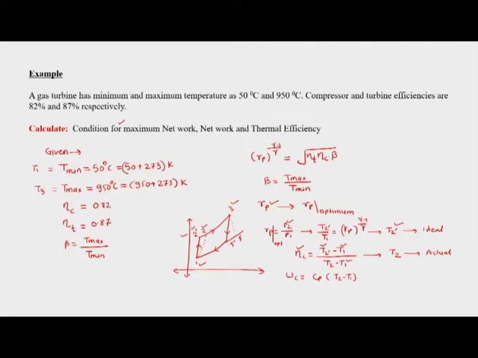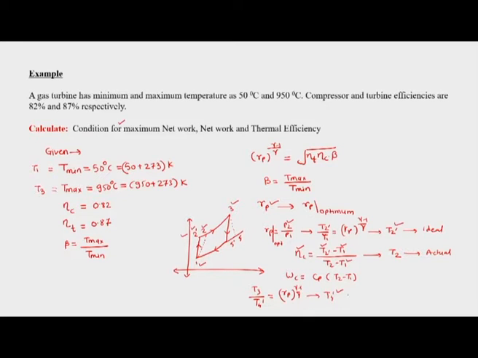So, to know T4, basically first what we have to do is we know Rp. Once we know Rp, we know T3 by T4 dash is equal to Rp raised to gamma minus 1 upon gamma. So, since T3 is known, then we can find out from this formula T4 dash.